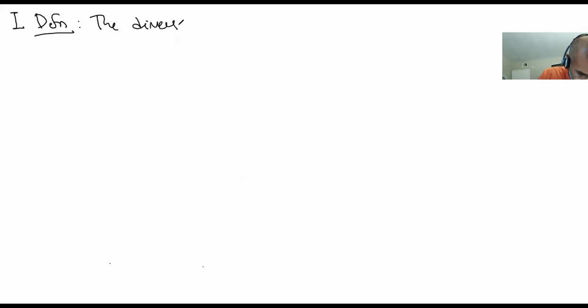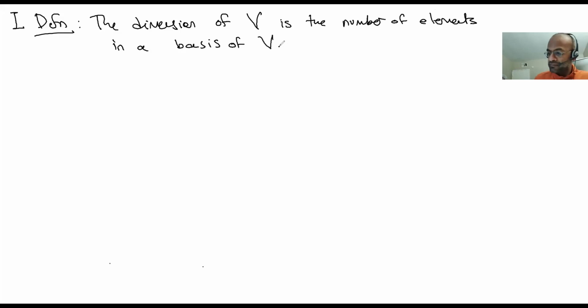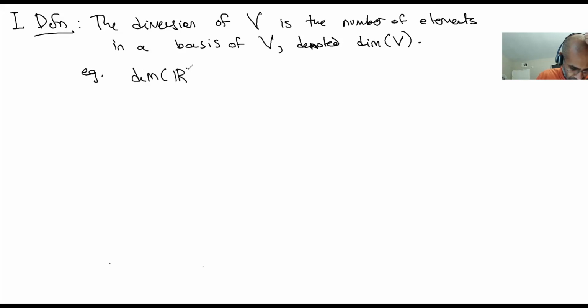The dimension of a vector space V is the number of elements in a basis of V. This is denoted dim V. Now, for example, the dimension of Rn is n.